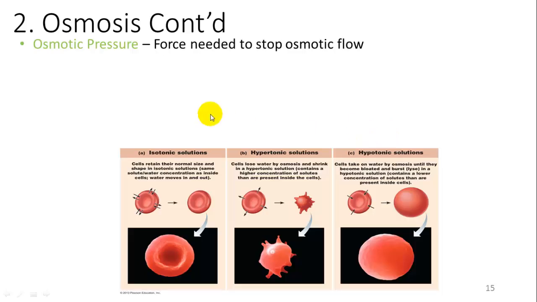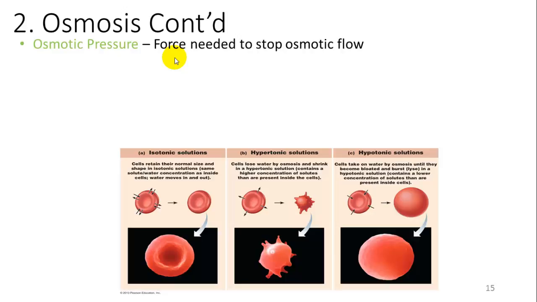So what happens then is if you have these two solutions with different concentrations of solutes and a semi-permeable membrane, that pressure, or the desire of the water to flow from one solution to the other, is called osmotic pressure.